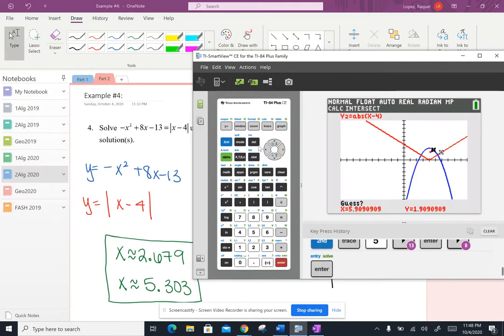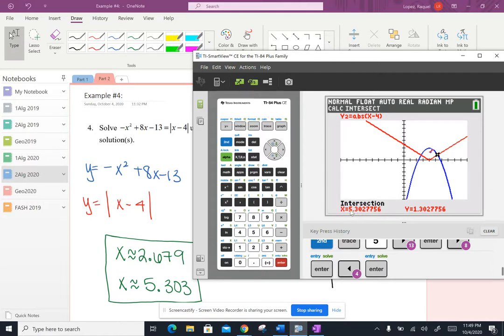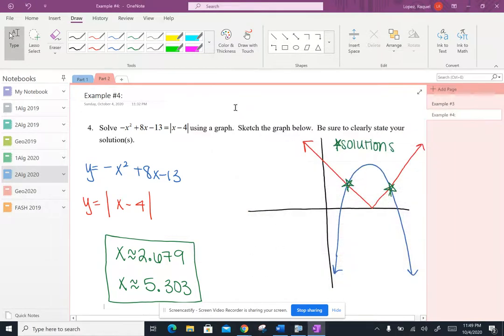Hit enter. And then this third time I hit enter, I'm going to put the cursor right over where they intersect. Hit enter again. And it says that the intersection here is x equals 5.3027. And I just rounded that up to 5.303. And then I just went ahead and sketched out, and here are my solutions.